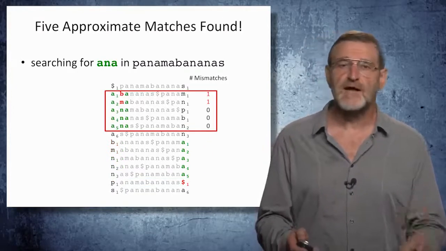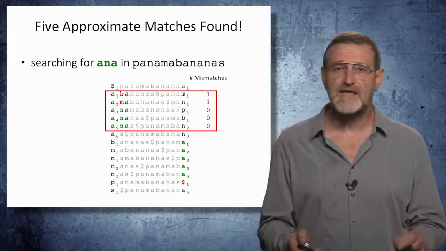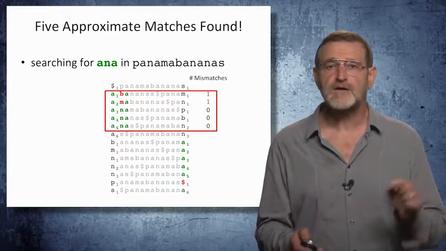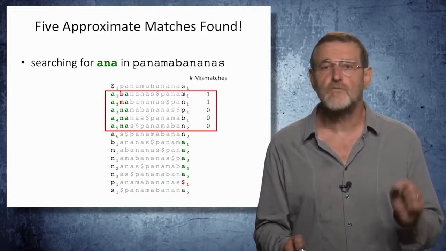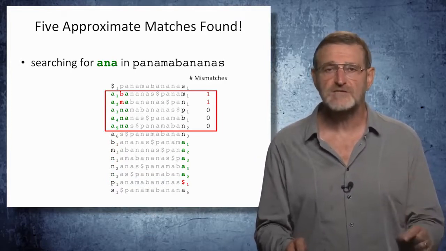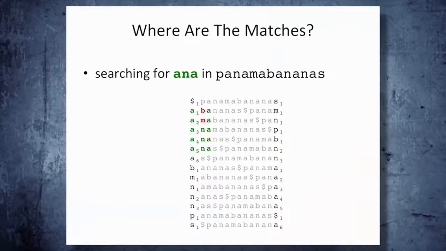And then, by applying the first-last property again, we find all occurrences of Anna with up to 1 mutation in text. How do we find where all these 5 approximate occurrences appear in the text? We can use suffix array, or more precisely the partial suffix array, and you can figure out how to use the partial suffix array to find approximate occurrences as well.